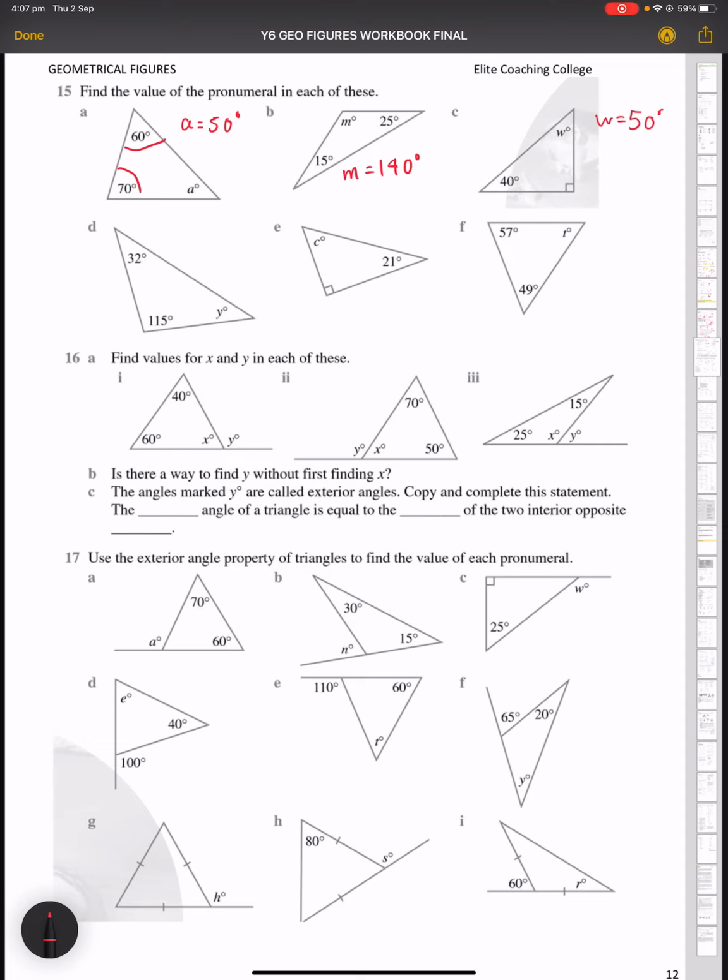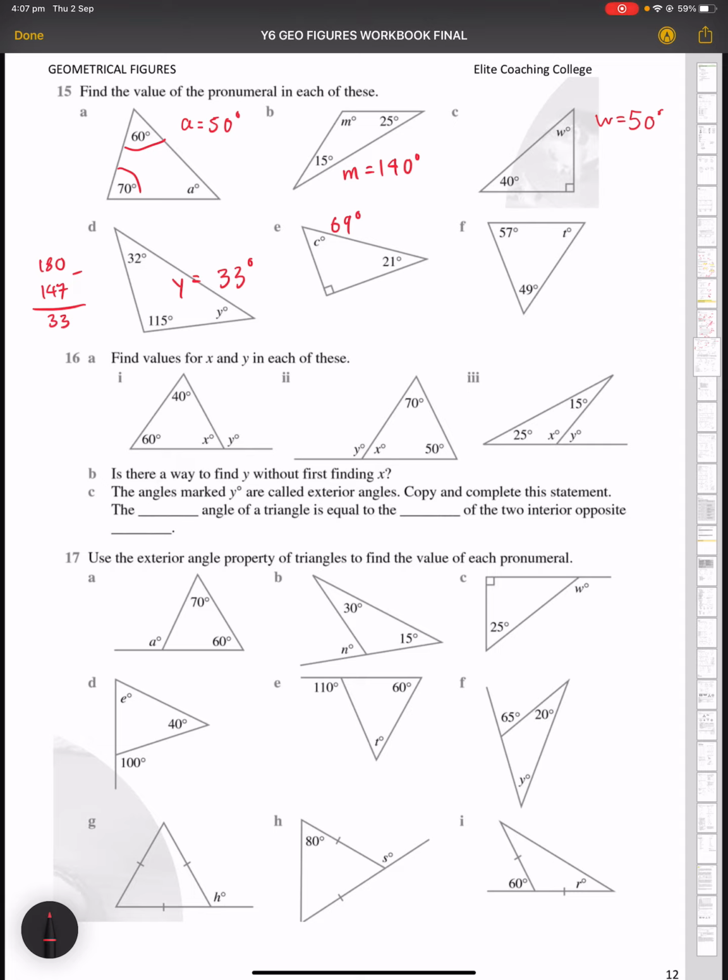Okay, 32 plus 115 is 147. 180 minus 147 is 33, I believe. 33 degrees. C, okay. 90 plus 21 is 111, so that means this will be 69 degrees.